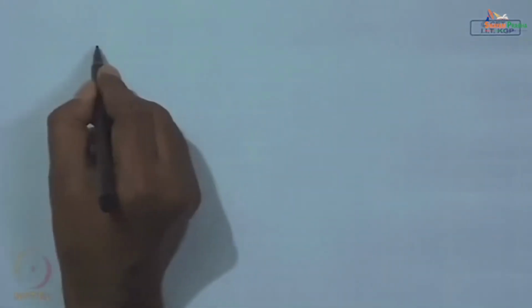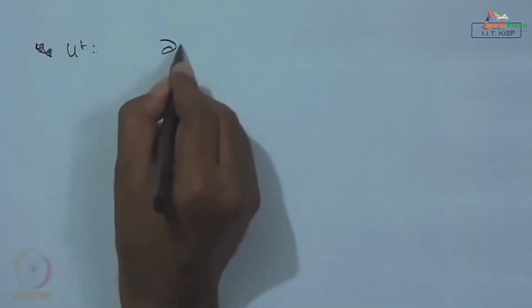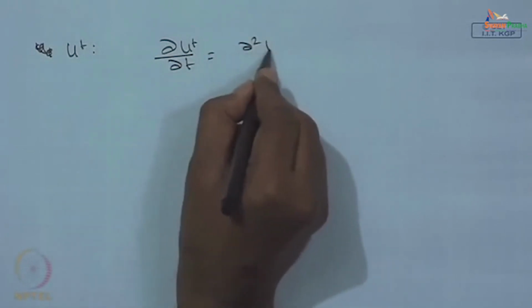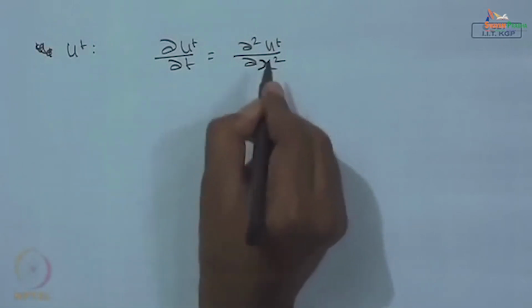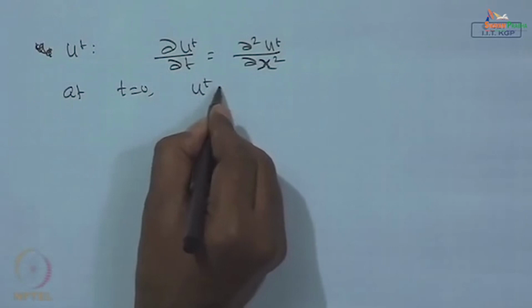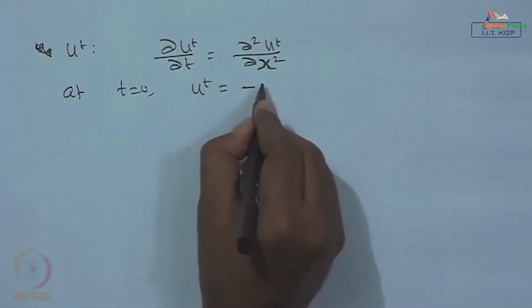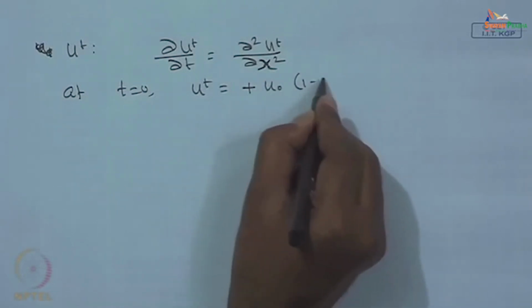The transient part, the governing equation is del u_t/del t is equal to del square u_t/del x square. At t is equal to 0, u_t is equal to minus u_s(x). So, minus u_s will be minus minus, plus u_0 into (1 minus x).